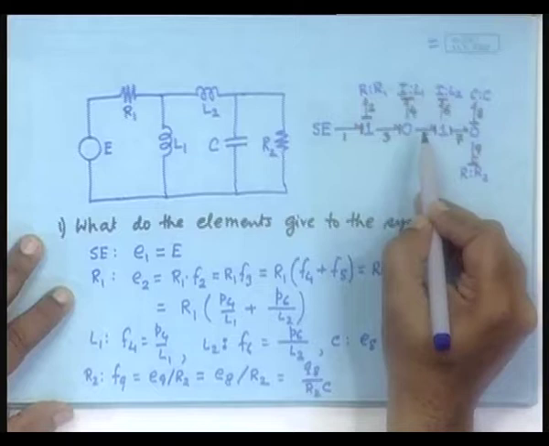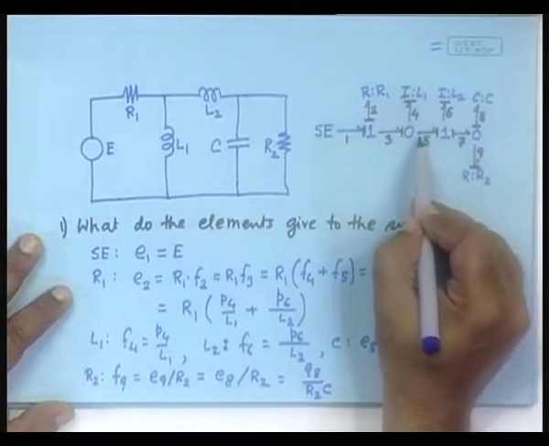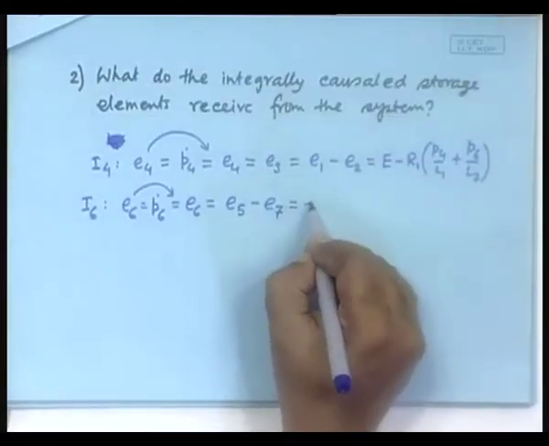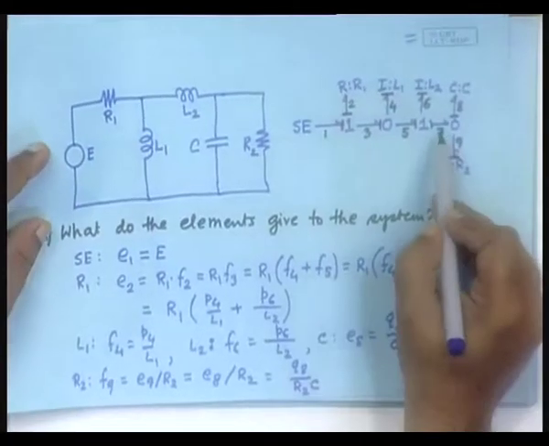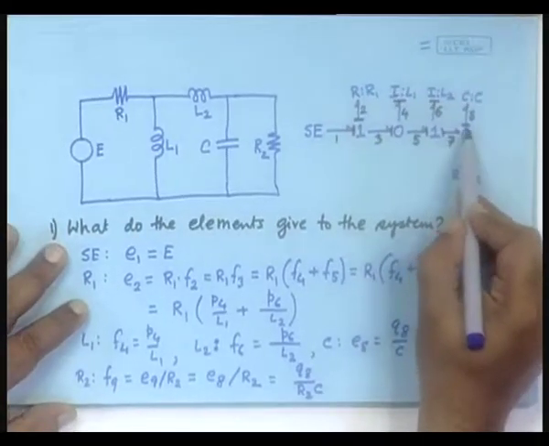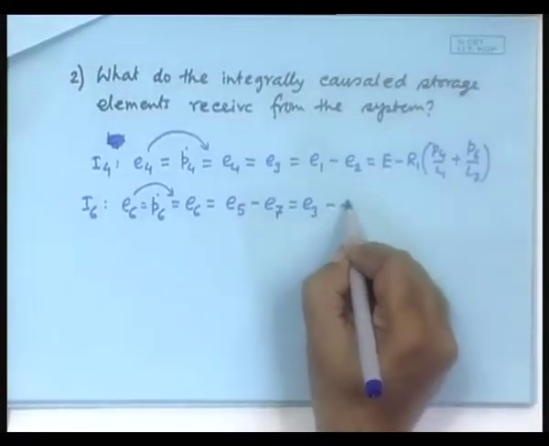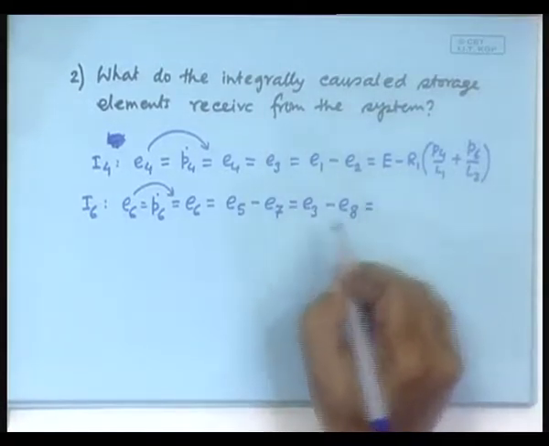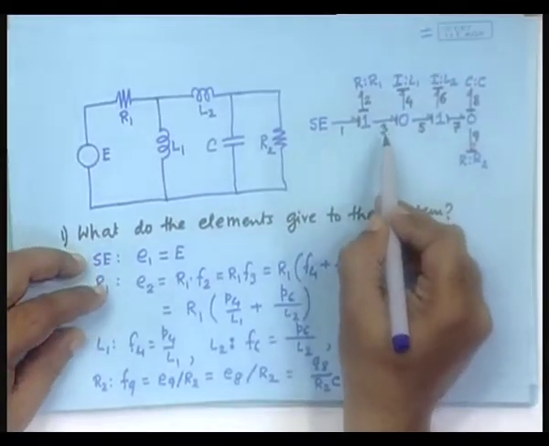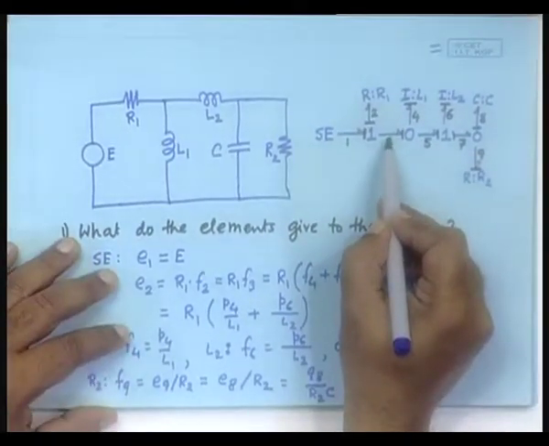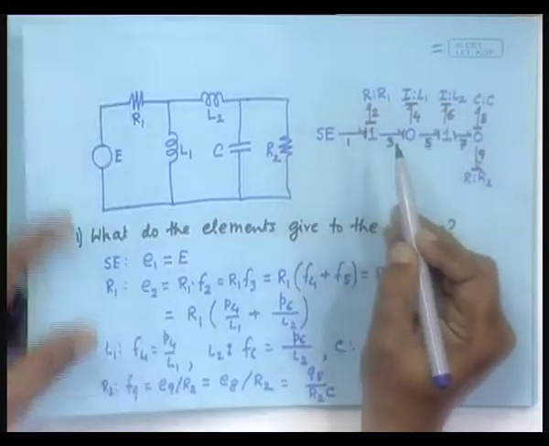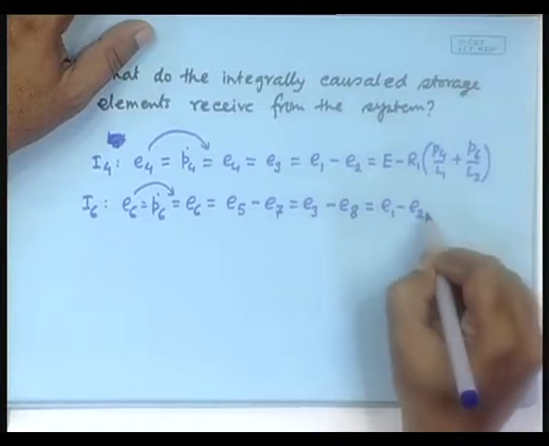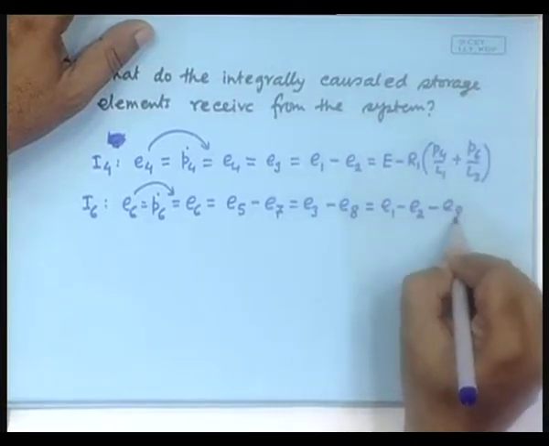Where does the information E5 come from? E3, yes. So, E3 here, and where does the information E7 come from? E8. So, minus E8. Fine. Now, E3, where does E3 come from? E1 minus E2, yes. So, E1 minus E2 minus E8.